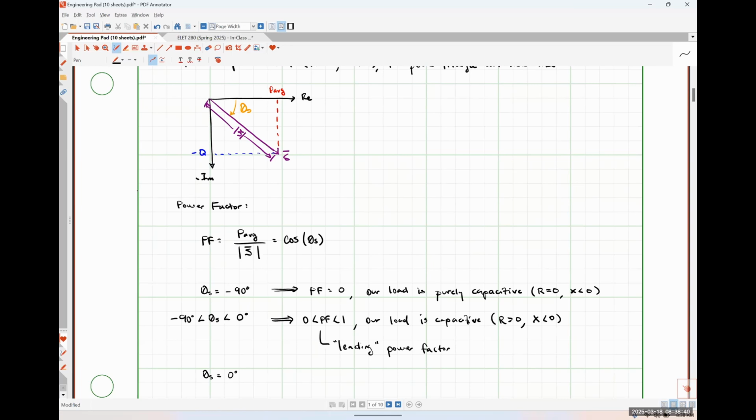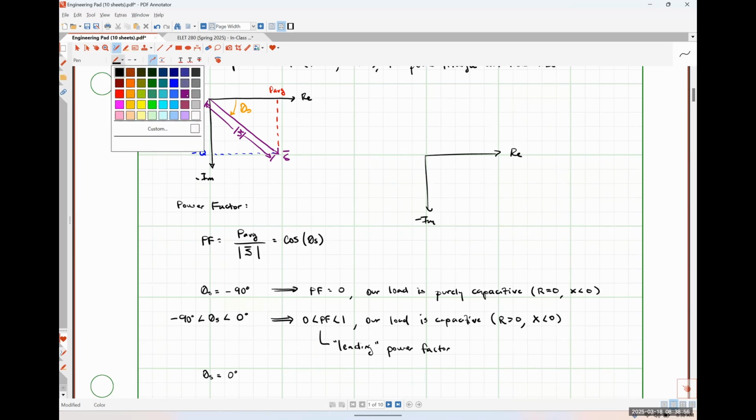Just as a quick aside here, so here's our real, here's our negative imaginary, and I'm saying that our angle is 0 degrees, which means our complex power would be literally on top of the horizontal axis. What's the value of the reactive power? 0. Okay. So that means that all of our complex power is real.